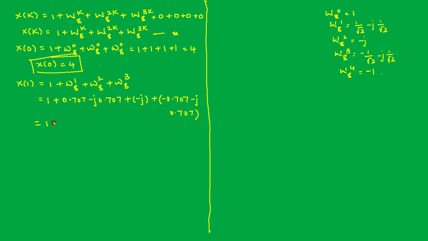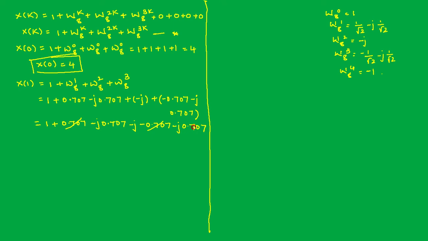1 plus 0.707 minus j 0.707, this is minus j, and then minus 0.707 minus j 0.707, right? So here this 0.707 and this minus 0.707 will get cancelled, and here there is minus j 0.707, and here there is minus j 0.707, right?